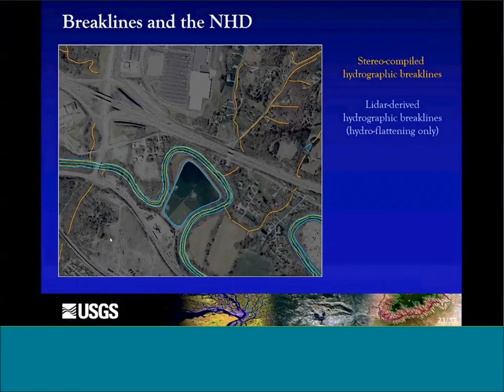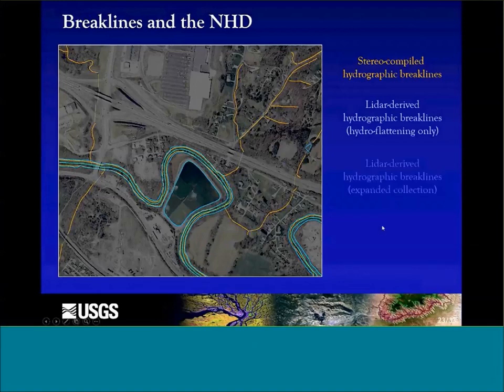In many of the production processes to do hydro-flattening, this center line is needed in order to get consistent elevations on the opposing bank lines. So some data producers may or may not use this, but many will also put in that center line, and that's going to become important in a later comparison.